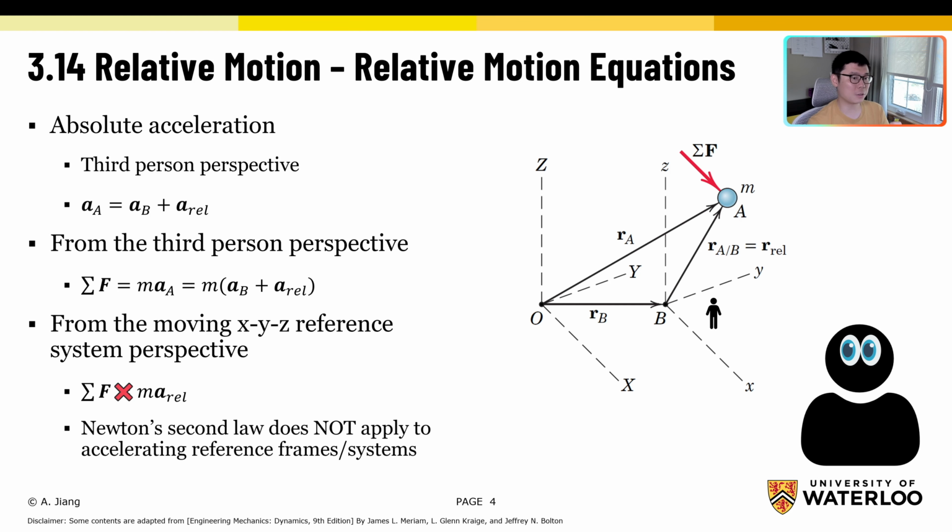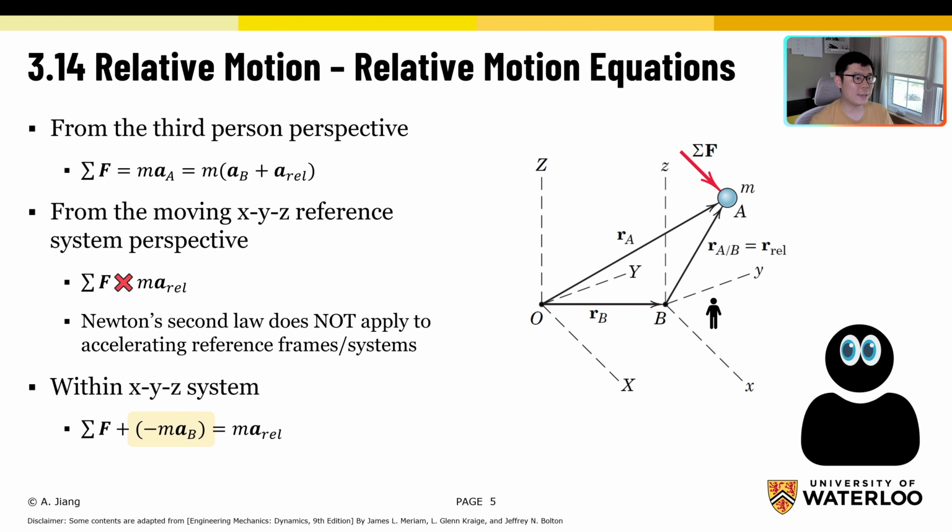We have to consider the accelerating frame, and therefore the sum of F actually equals m multiplied by (A_B plus A_rel), where A_rel is the relative acceleration of A with respect to B. This is our sum of F, not just m a_rel.